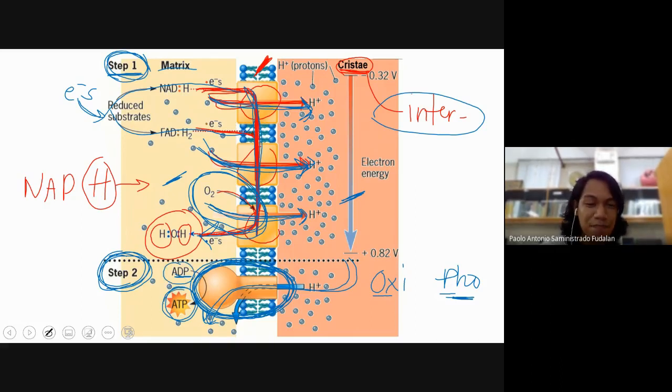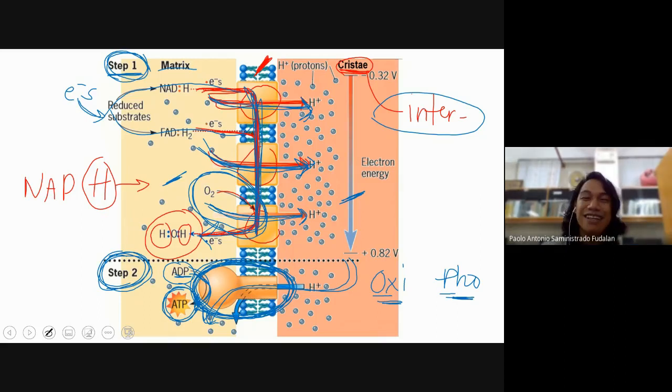How did that happen? By adding one phosphate group. This is where the phosphorylation happens, guys. Every time you add a phosphate to an atom or a molecule, you are doing phosphorylation. And in this case, ADP is phosphorylated to become ATP. And what type of phosphorylation? Oxidative phosphorylation. And that's only possible thanks to step 1, the electron transport chain. Okay, so I believe this will be our last slide.